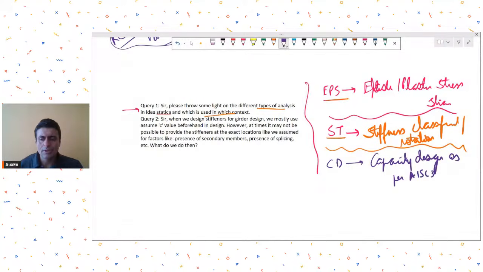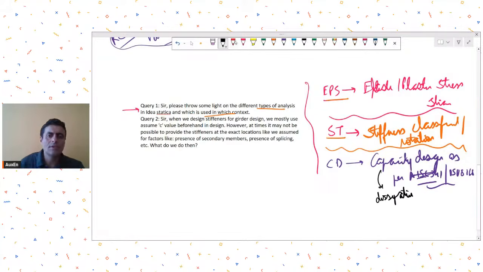So let's say AISC 341, or let's say in your Indian standard, you have the IS 18168. So it's a capacity design where you can define that these are the dissipative items, or these are the items which will undergo inelastic deformations, and accordingly, it does the analysis and checks for your connection. So this is that CD analysis.